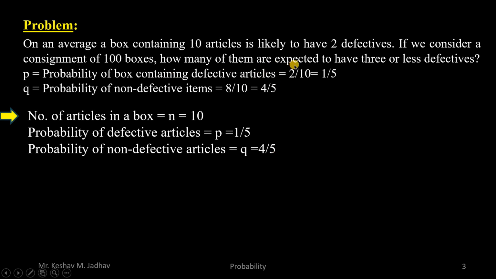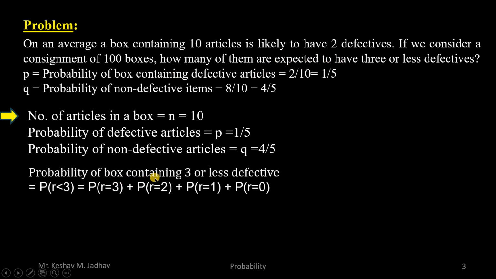And here we have to calculate the probability of a box containing 3 or less defective articles, that is P(r less than or equal to 3). So this means r can be equal to 3, 2, 1, or 0. These are the possibilities.